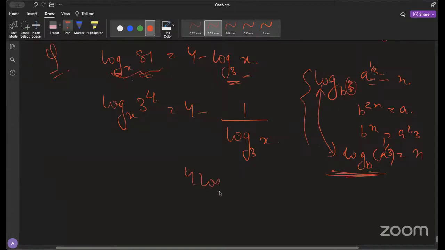Then you'll have 4 log base 3 of x minus 1.